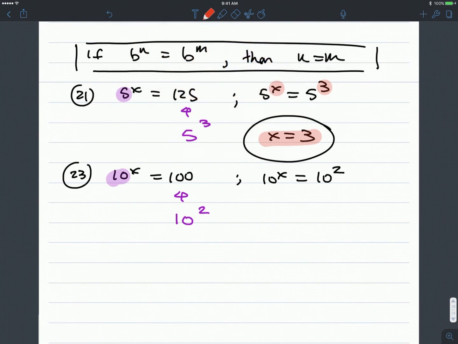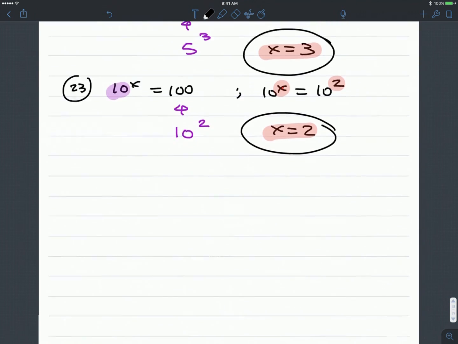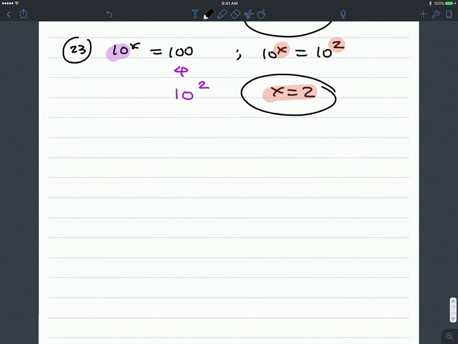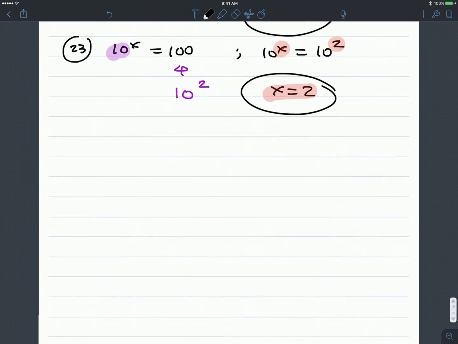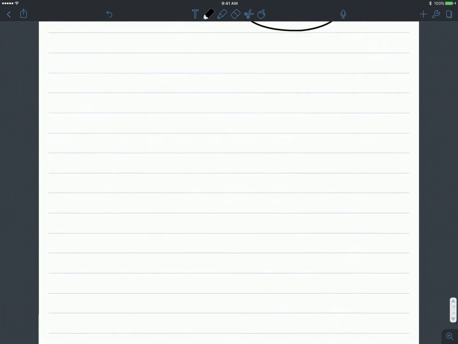What's the power? What's x? x has to be the value 2. Okay? Notice that there. Just to point it out to you, x is the number 2. Is that simple? All right. You guys okay with that over there? Is that pretty simple?